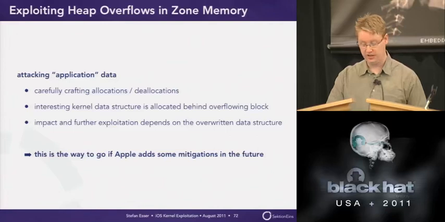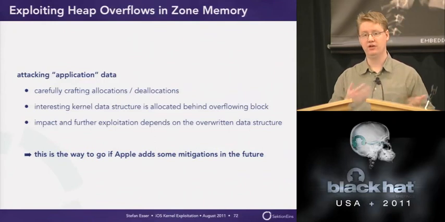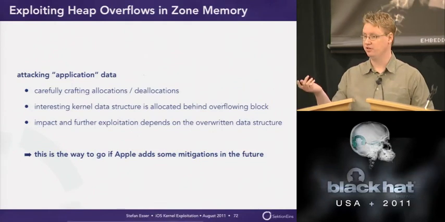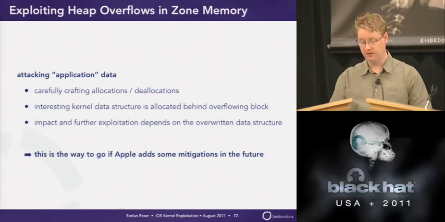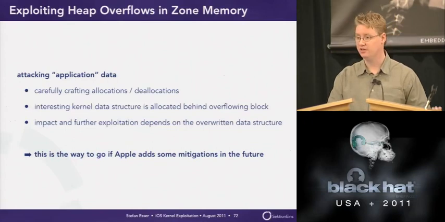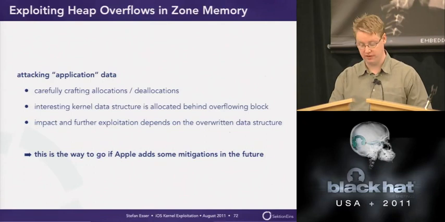Of course, when you have a heap overflow, you can always attack the application data. What you try is you carefully allocate and deallocate so that you control the heap layout. And what you want to have is a buffer with a very interesting kernel structure behind a buffer that you overflow. The impact depends on what you can write and what kind of structures you overwrite.